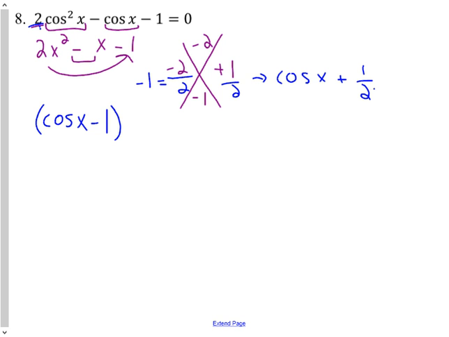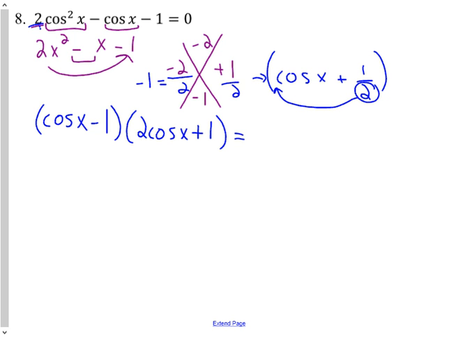But we don't really do the plus half. So we're going to bring the 2 back up to be 2 cosine of x plus 1. And now we set each of those pieces equal to 0 to solve. So we get cosine of x minus 1 equals 0, and 2 cosine of x plus 1 equals 0.